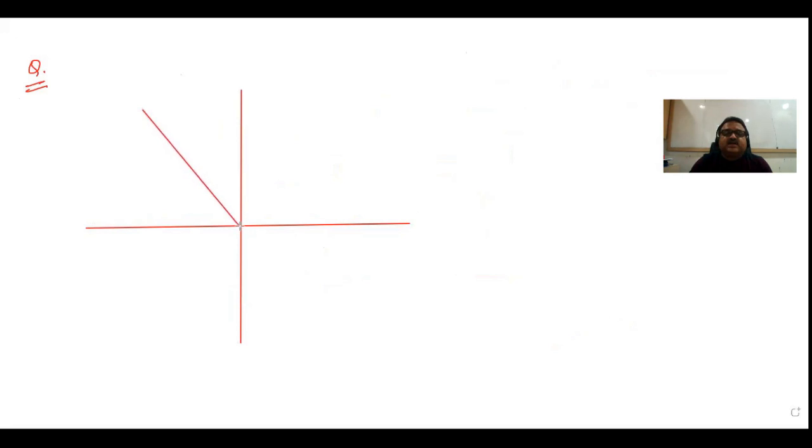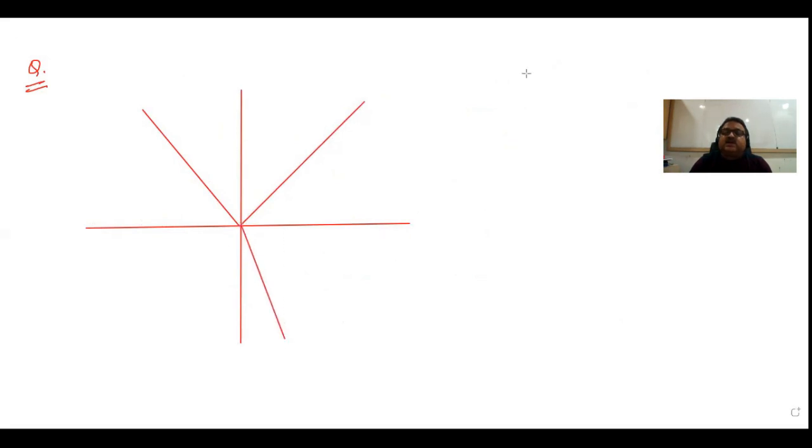Now, it is given that, say for example, this is the normal, and light falls like this. And one part of this light gets reflected back into the same medium, another part gets refracted.